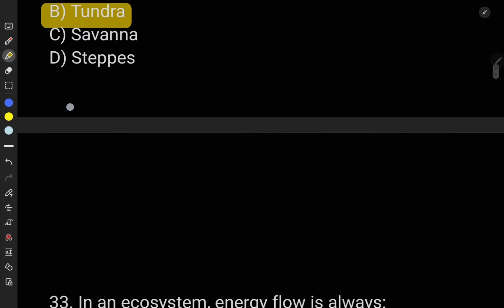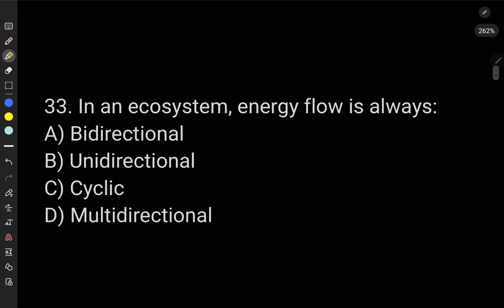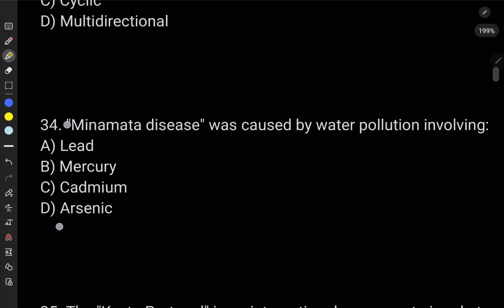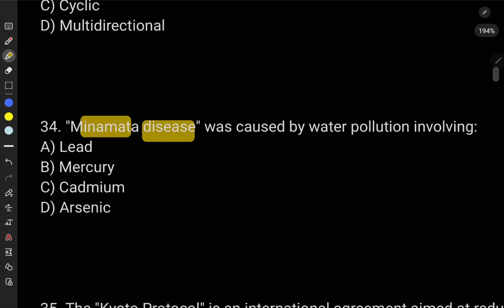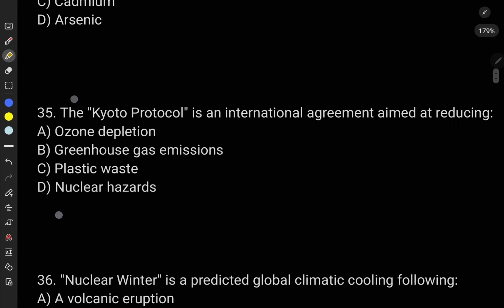In an ecosystem, energy flow is always unidirectional. Minamata disease was caused by water pollution involving option B, mercury. The Kyoto Protocol is an international agreement aimed at reducing greenhouse gas emission.